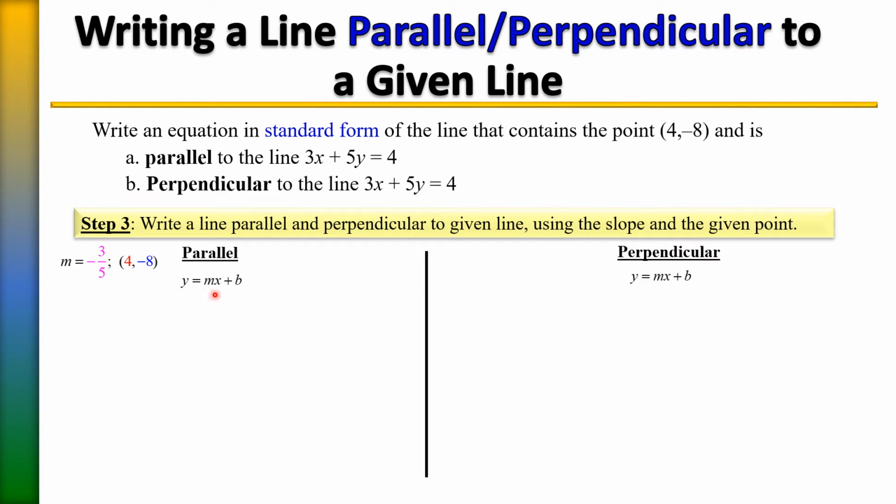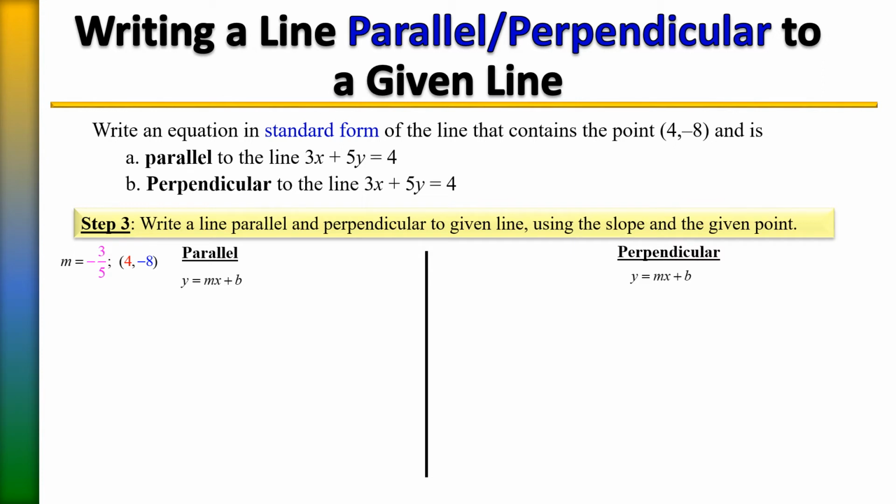And the reason we are plugging the same slope into our new equation is because parallel lines have the same slope. So we must plug in the same slope as the given slope. We're going to remove x and replace it with our given value of 4.